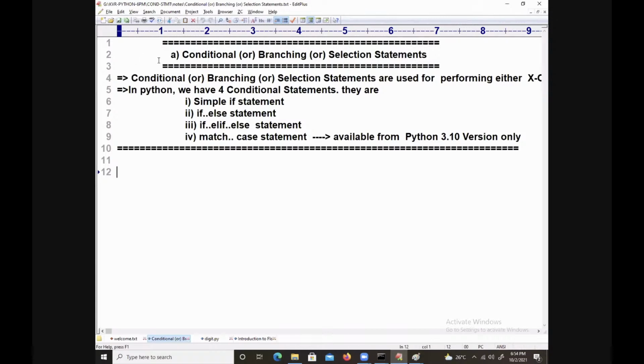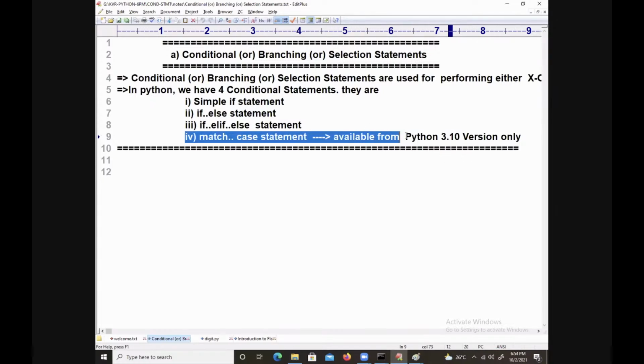So let's start. Match case is pending, because I will explain it in one special class. I will take it in other batches combined, on some Saturdays. I will explain the 3.10 version features separately by combining my existing batches.